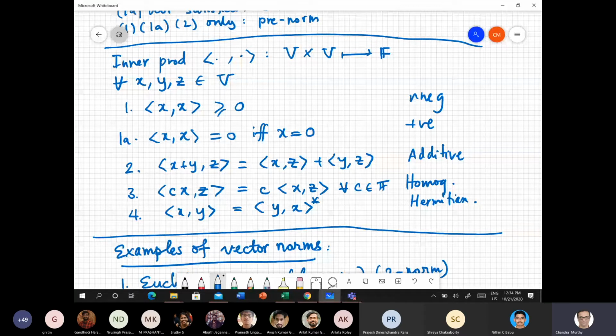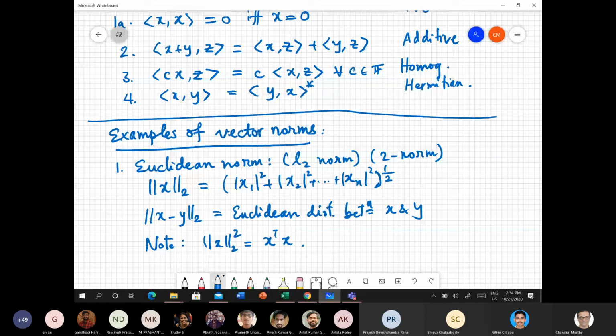The most popular norm is the Euclidean norm, which is also known as the L2 norm, or more simply the 2 norm. It's just the sum of the squares of the entries of x raised to the power half. One important simple formula is that the L2 norm of x squared is equal to x transpose x.